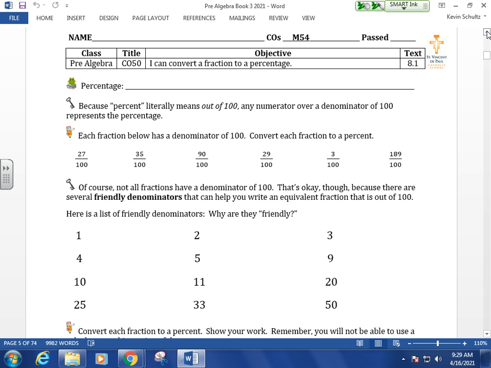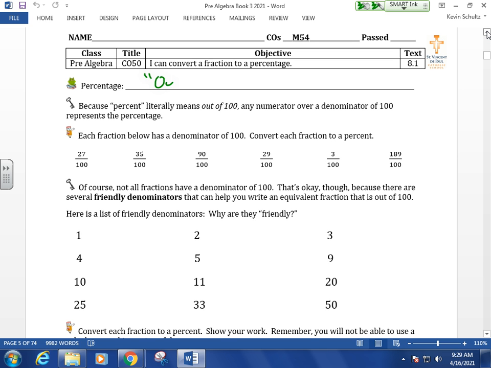CO50 is converting a fraction to a percentage. And we've already defined percentage in CO49. What did I say the word percent means? Out of 100. Okay.